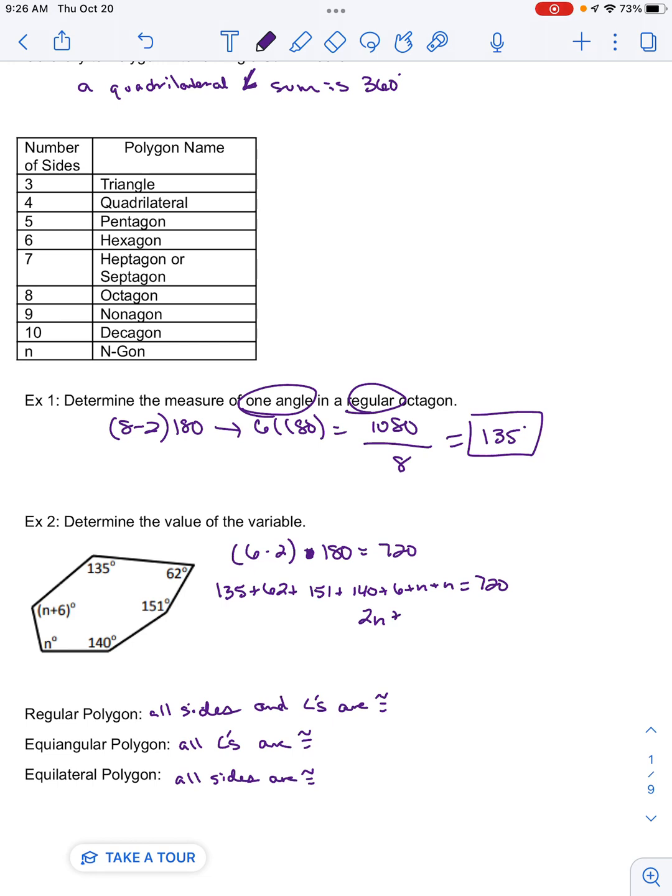So I have 2n plus, doing my calculations here, 135 plus 62 plus 151 plus 140, and that's 488... 494. Subtract that off, and I get 226. So n is 113. So, a pretty simple concept. You're just adding all your angles together to equal the sum.